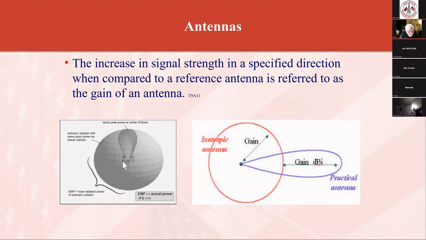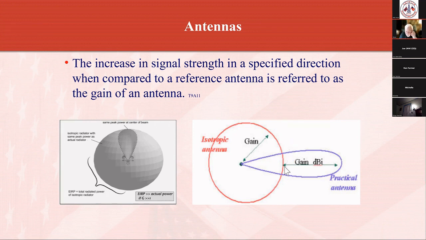Imagine a light bulb in the middle of a paper lantern like this. Every place on this sphere will be illuminated with the same amount of power per square foot or square inch. And that's the characteristic of an isotropic antenna. It radiates the same in all directions.